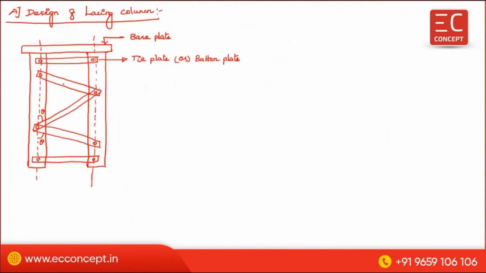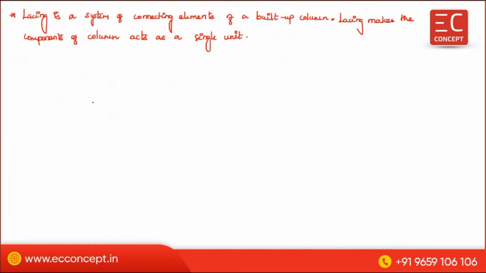That means this is the lacing member. These two are the column components. The lacing member makes these two column components act as a single unit. Okay, that's a point.